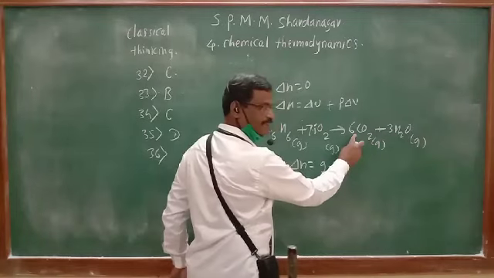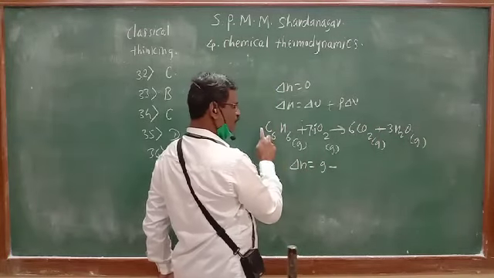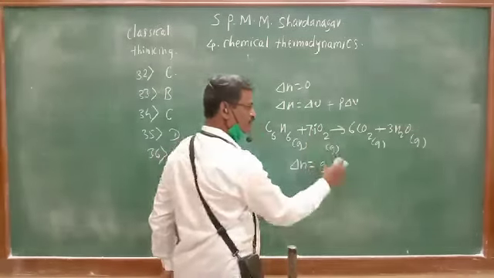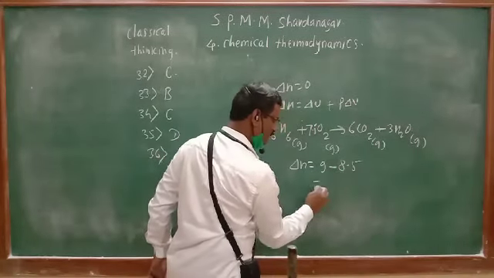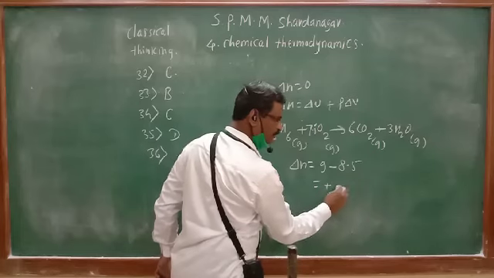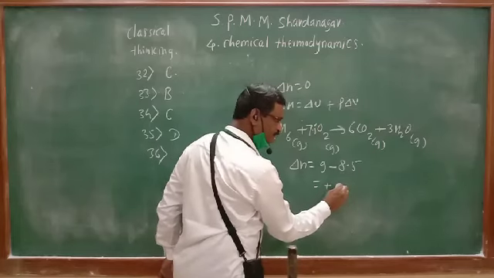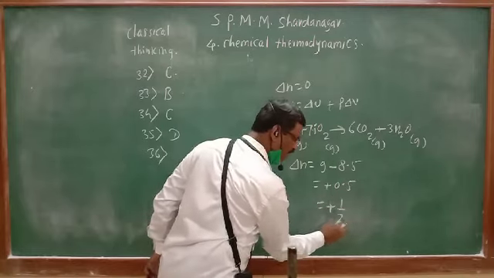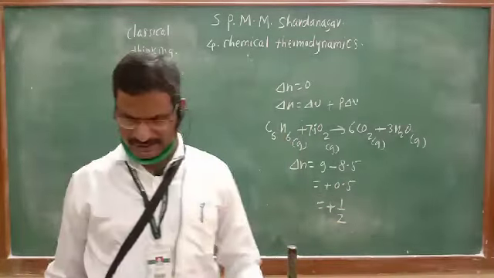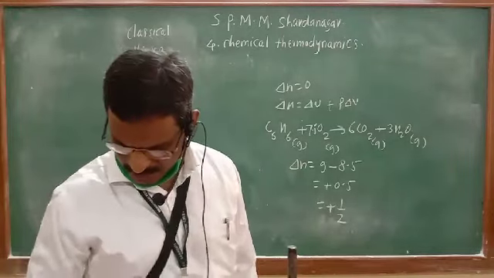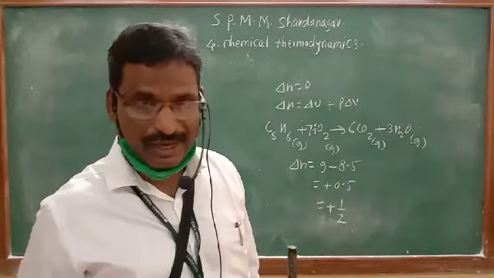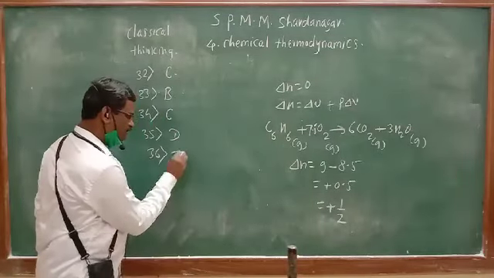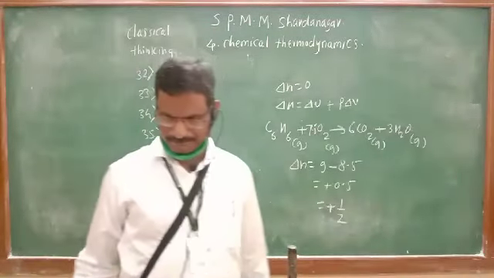This is gas, this is also gas. So 9 minus 1 plus 7.5. What is it? 8.5. So the answer is plus 0.5 or plus half. Let us see the options. They have given the options 0, 3 by 2, minus 3 by 2 and plus half. Therefore option D is correct for this question.